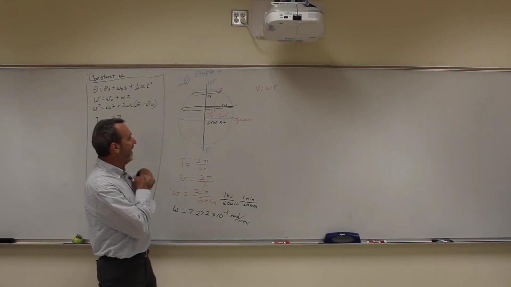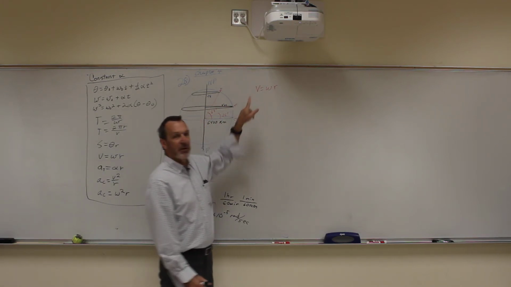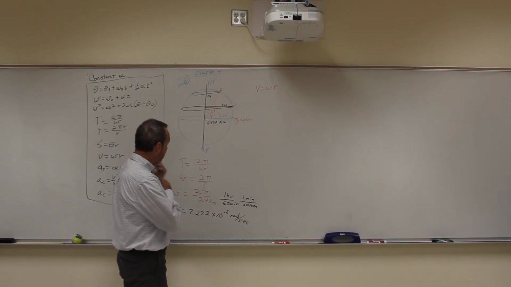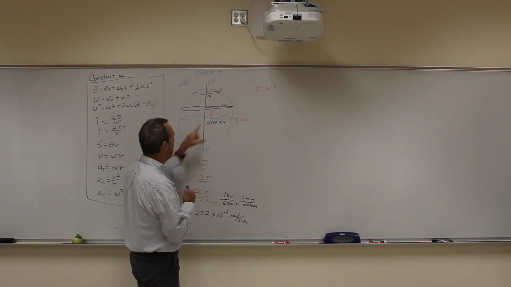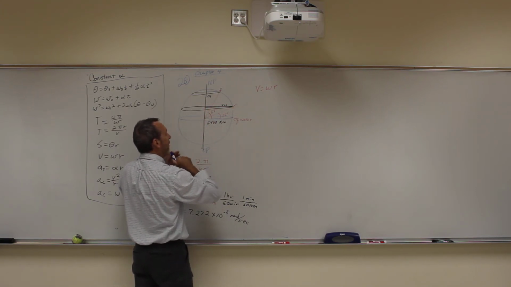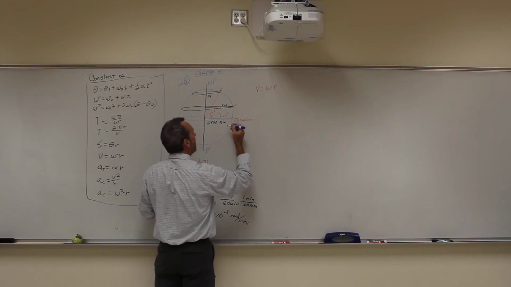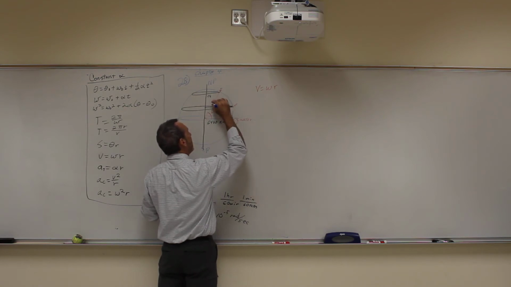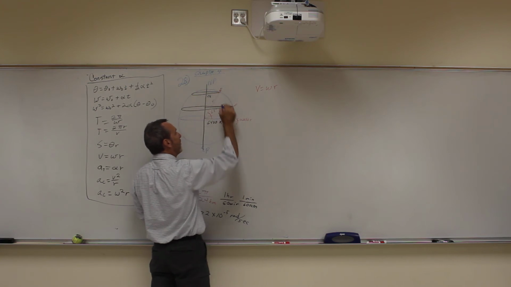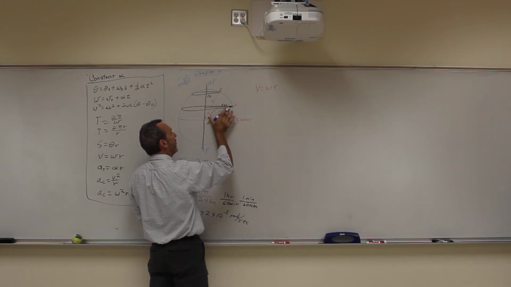So we got omega. All we have to do is figure out r, and we can figure out what the velocity is. So let's figure out the radius. So for Miami, the radius here is going to be the same as if I did what? Well, remember, this is r, this is r2, right? That distance, the radius, because it's a circle. All these r's, those are all the same.